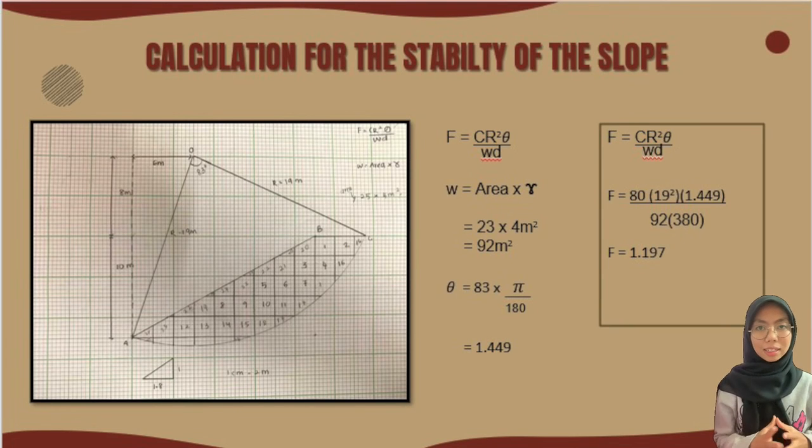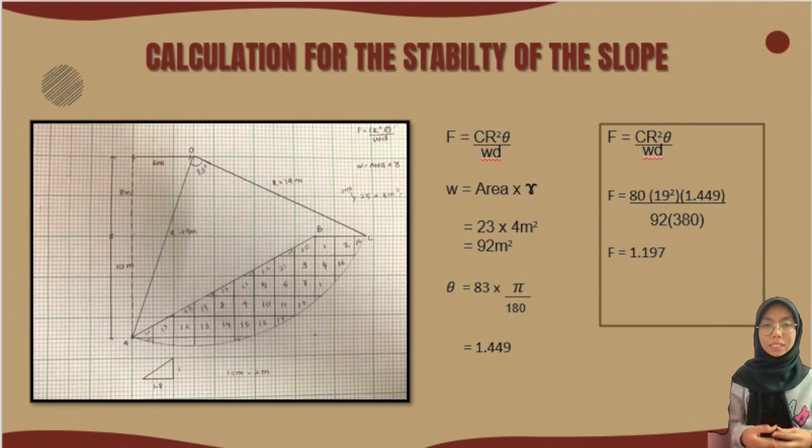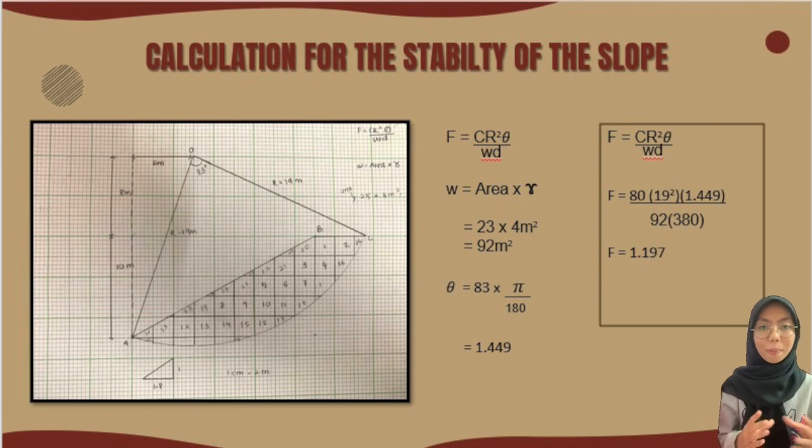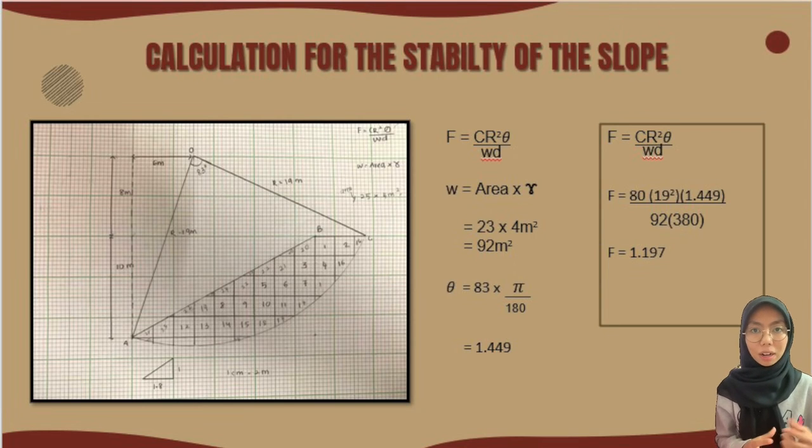Akhir sekali, setelah kita mendapati kesemua data telah diperoleh, kita semestinya sudah boleh mencari nilai FOS. Oleh itu, kami menggunakan formula F sama dengan CR² theta bahagikan dengan WD. Okey, iaitu untuk nilai C iaitu cohesion kami telah mendapati di dalam graf tadi, kami mendapati nilai sebanyak 80 dan nilai R iaitu sebanyak 19 meter seperti yang ditunjukkan di dalam graf tadi.